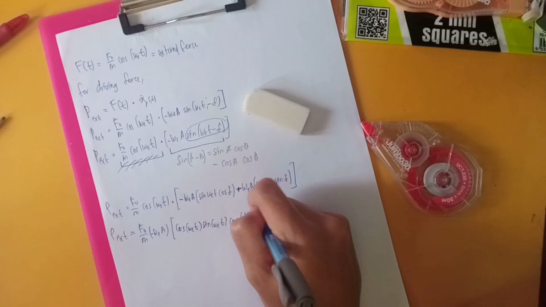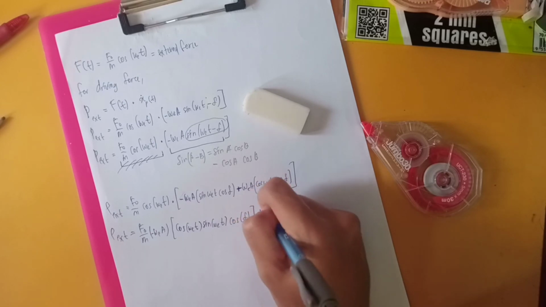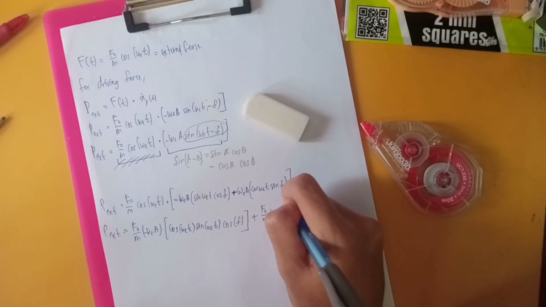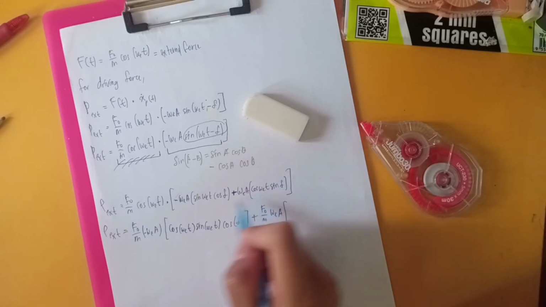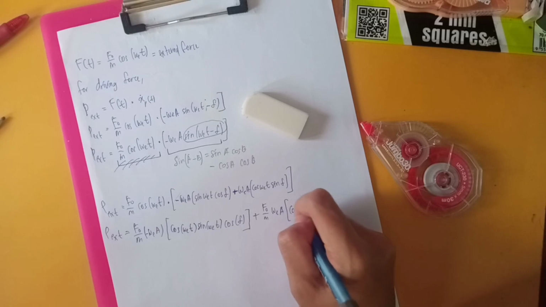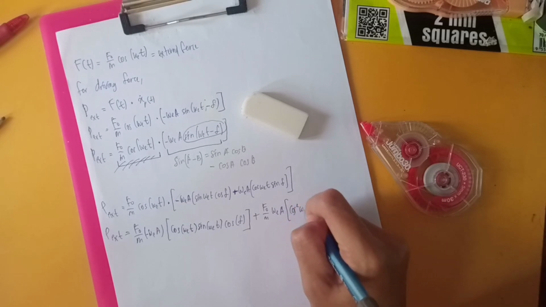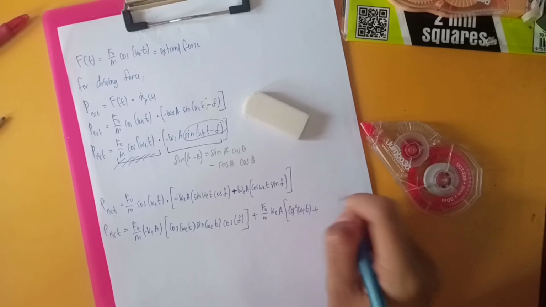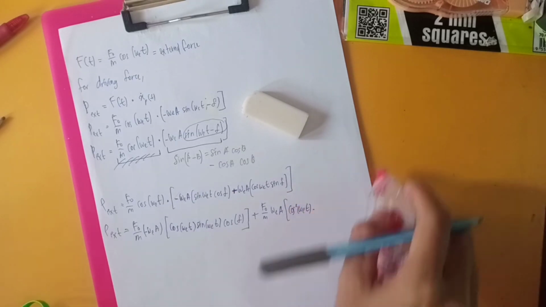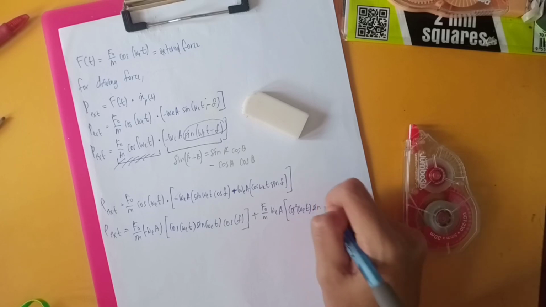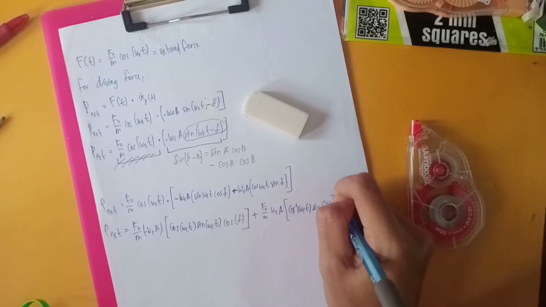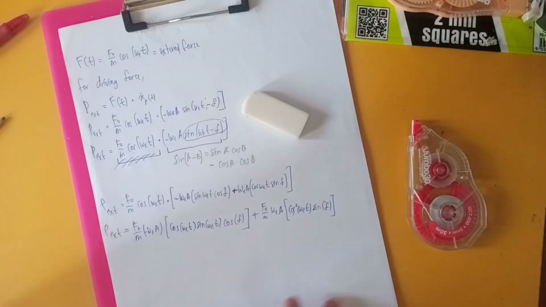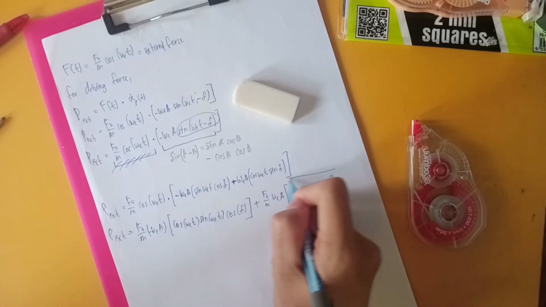And then plus F naught over m omega_e A times cos squared omega_e t, and then sine delta. Straightforward, sine delta. Alright. And that is how we find the power external.